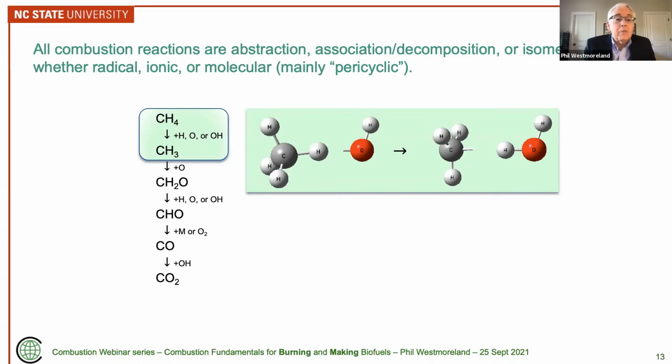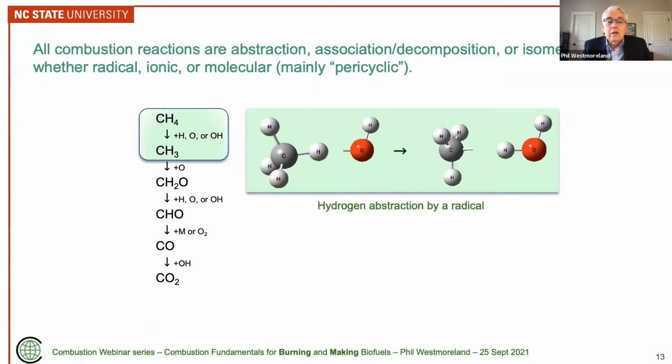So the first step, methane going to methyl, is an abstraction. Here's an OH group pulling a hydrogen off, and we get that. There's a transition state where the hydrogen is shifting away from the CH3 group but is not yet part of the OH, or maybe you could argue it's part of both or part of neither.